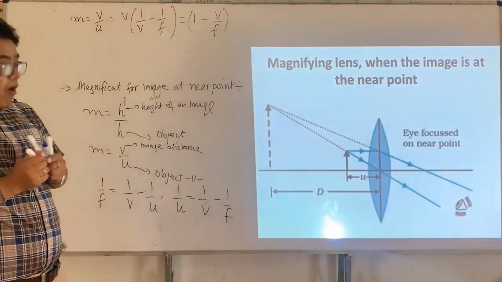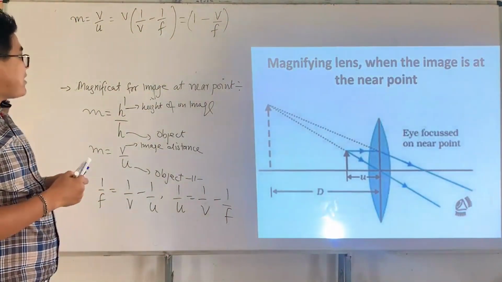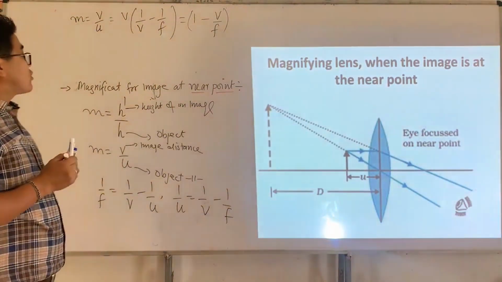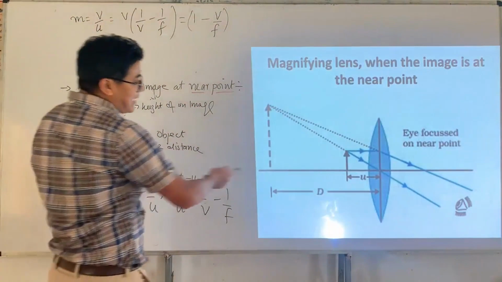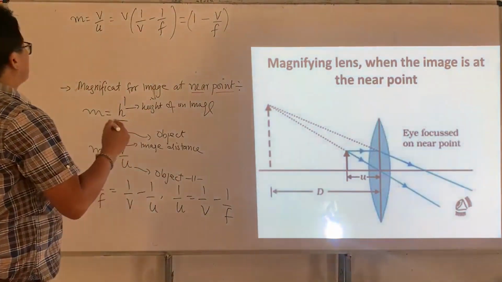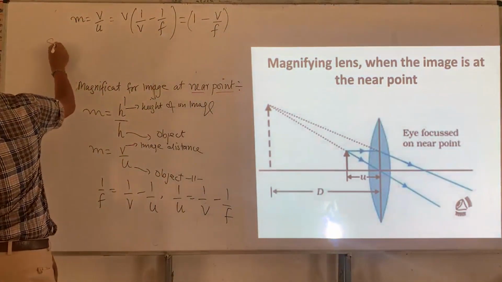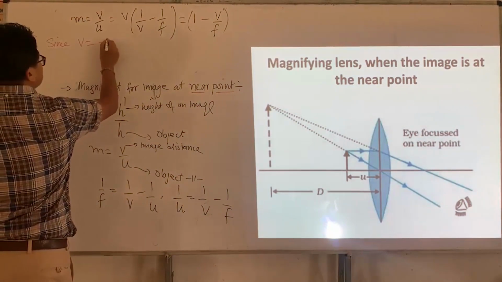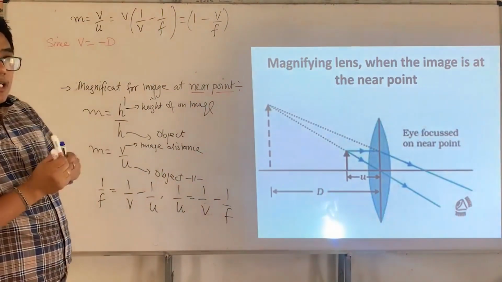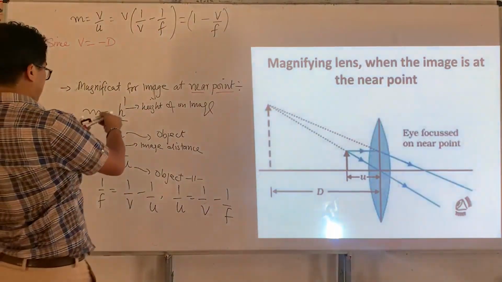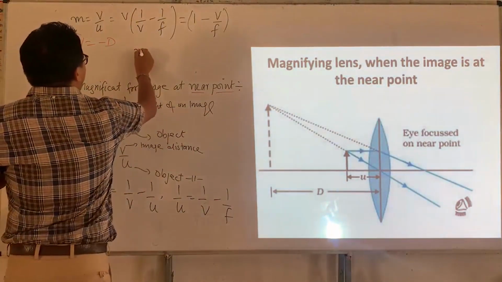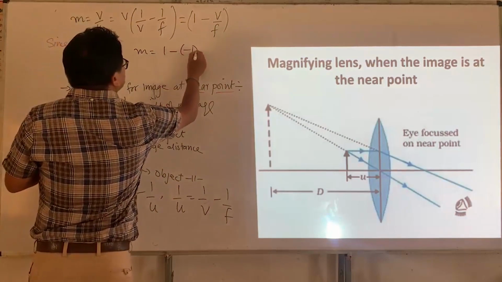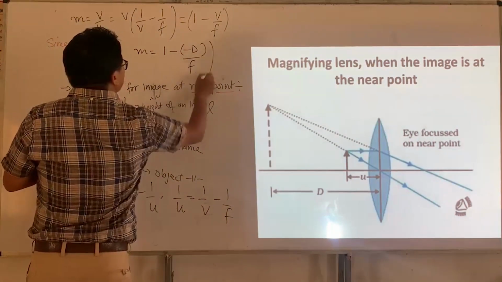So now, I told you just now that I'm keeping the image at a near point. So if an image is at a near point, the distance is d. Therefore, since v is equal to minus d, this is the sign convention I have used, m is going to be 1 minus d divided by f.